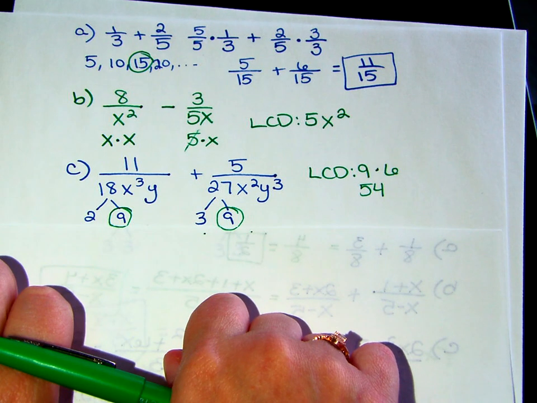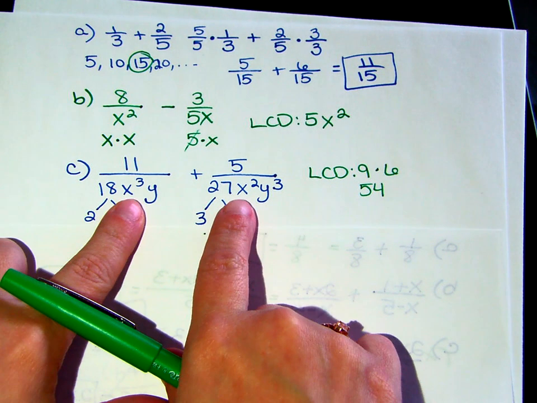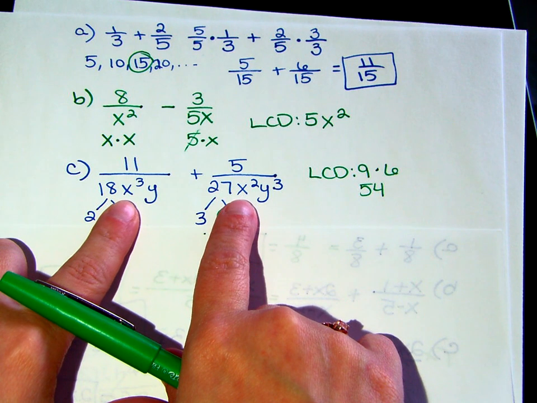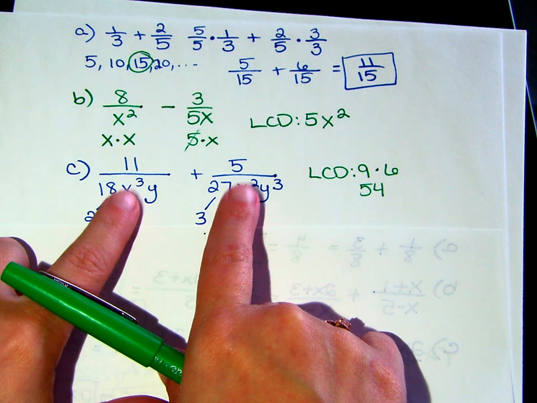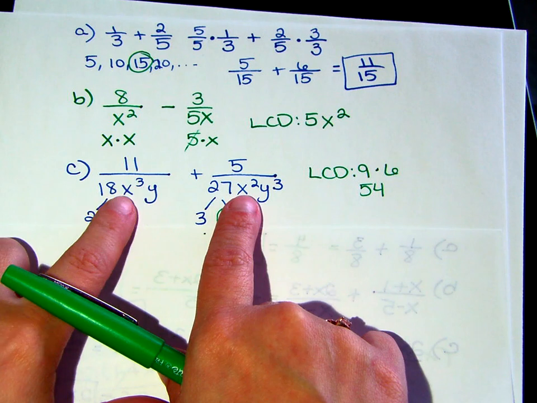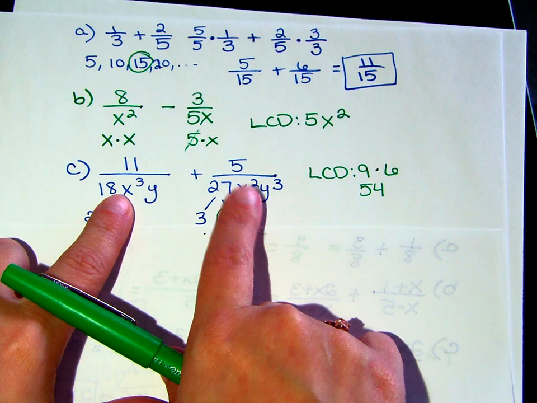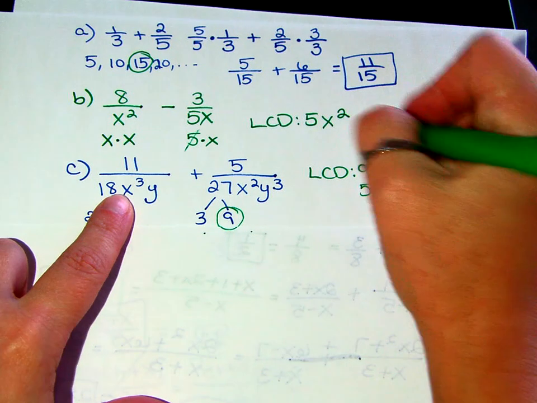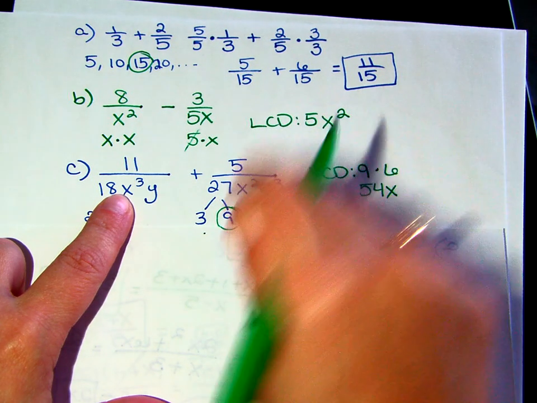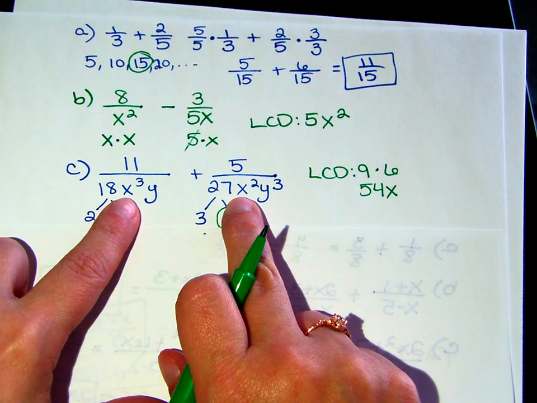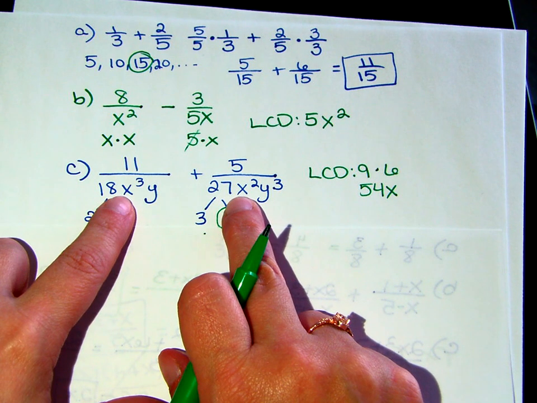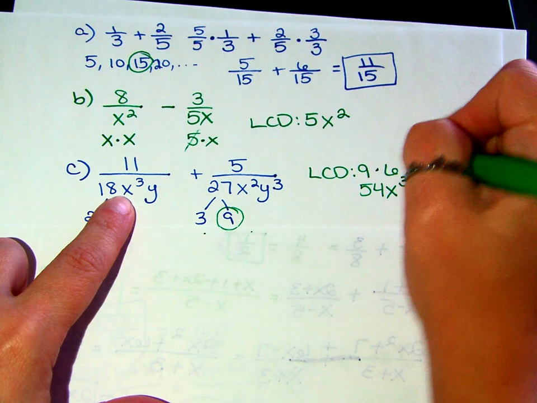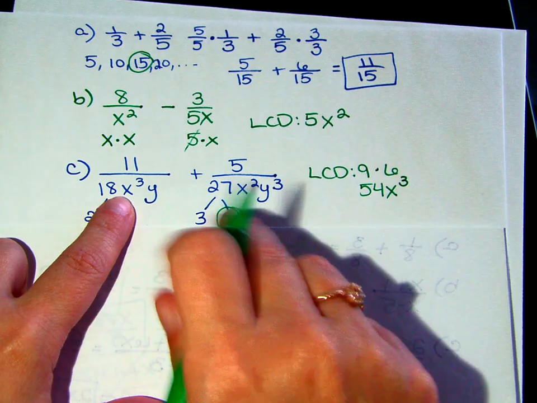Now, I said that with our variables, we're going to take the variable with the highest exponent. So if I'm looking at x to the third and x squared, when we're finding our least common denominator, we're going to have x to the what? Third, because we go with the bigger one, always. So you don't have to do any type of factoring. Just look and say, okay, I know I'm going to have an x term.